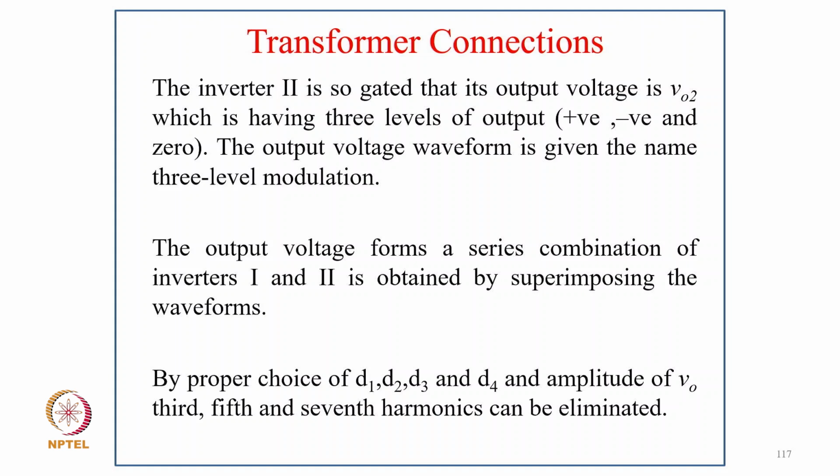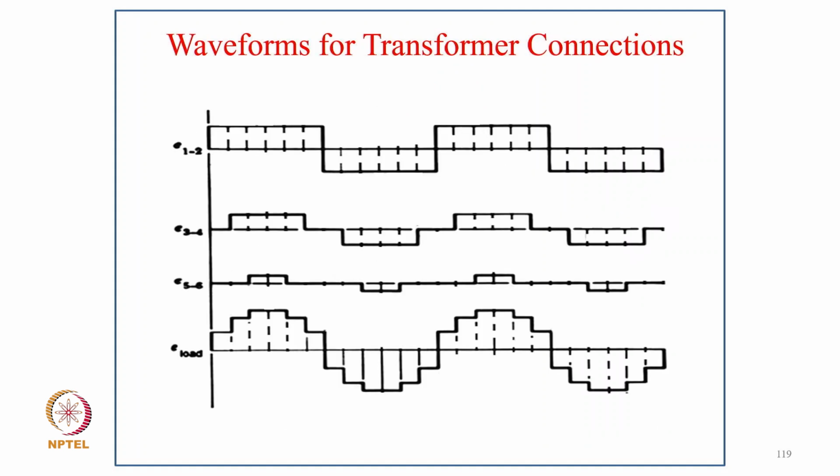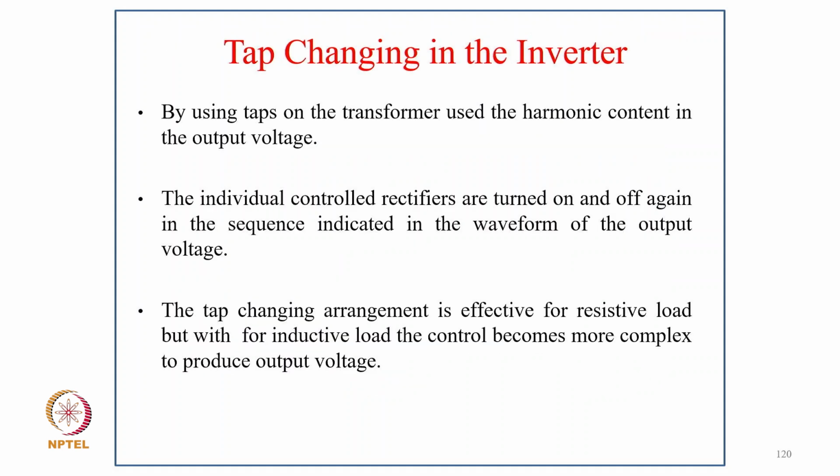In the amplitude of VO, the third, fifth and seventh harmonics are eliminated. This is the addition of pulse width modulated outputs, typically series connected for the load, which gives the number of levels in the output voltage. As you can see here, how the three are connected together, you get the staircase kind of waveform.